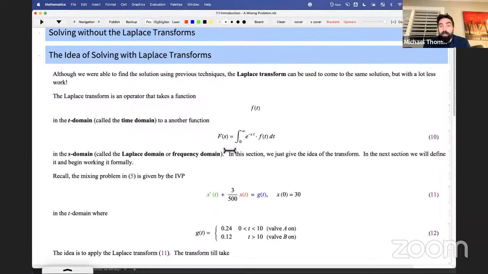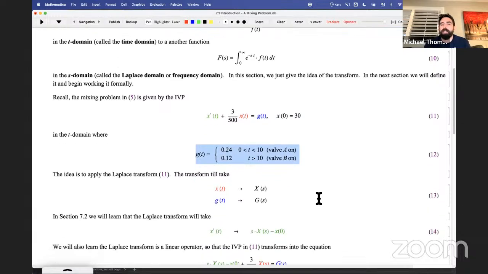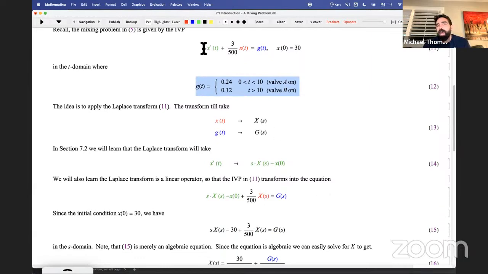Okay. All right, so here's the idea. We're going to do a lot of hand waving here, and then we're going to get into this in later sections. But this is the IVP we're asked to solve. And that g function right there, remember that's piecewise. So Laplace transforms are actually really helpful with piecewise functions. So here's what happens. You're going to apply the Laplace transform to the entire equation, both sides. And in fact, you apply the Laplace transform to the initial condition as well, which is interesting.